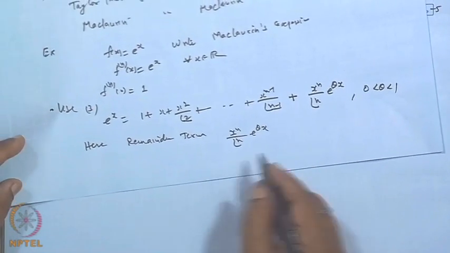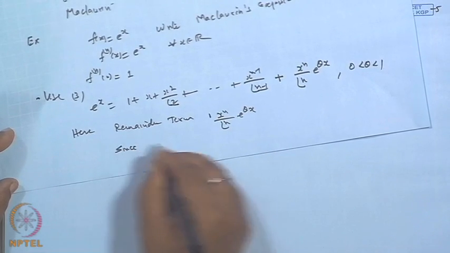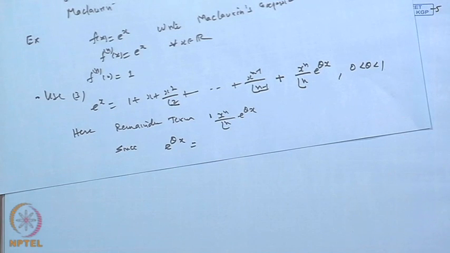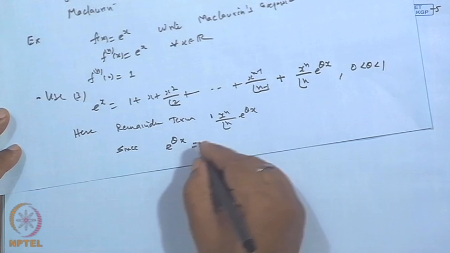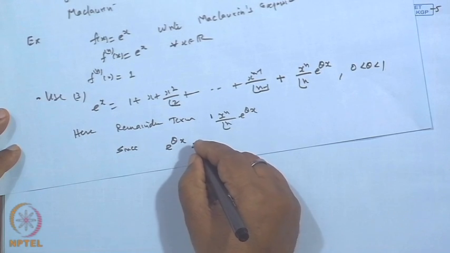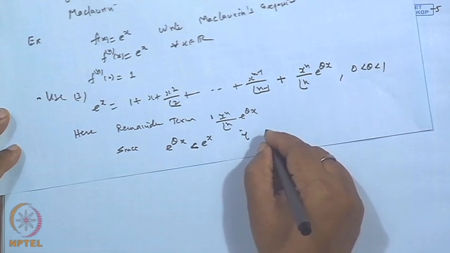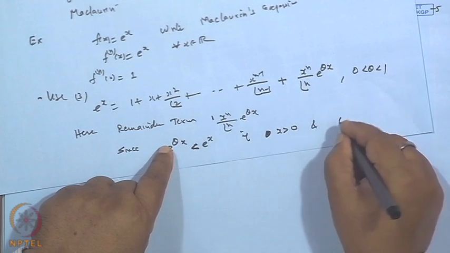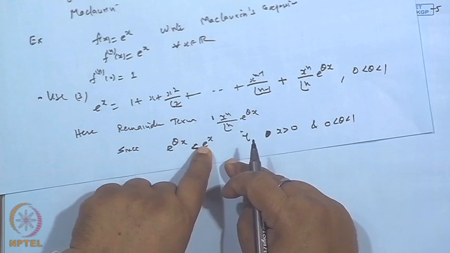Now, if you look at e to the power θx, if x is positive, and θ lies between 0 and 1, then e to the power θx will be less than e to the power x.